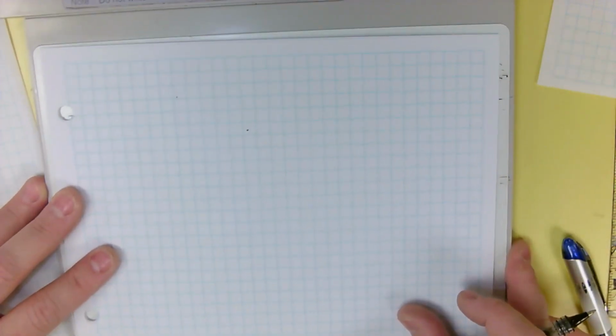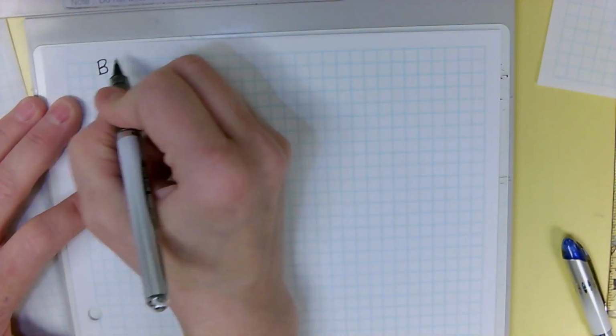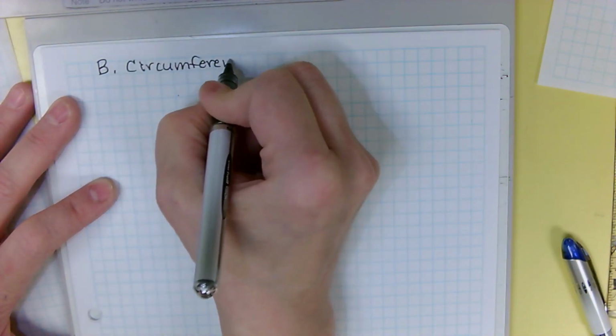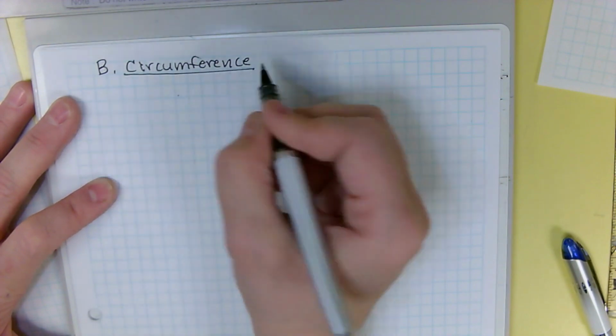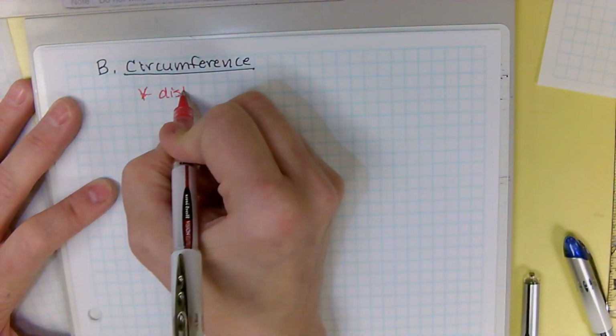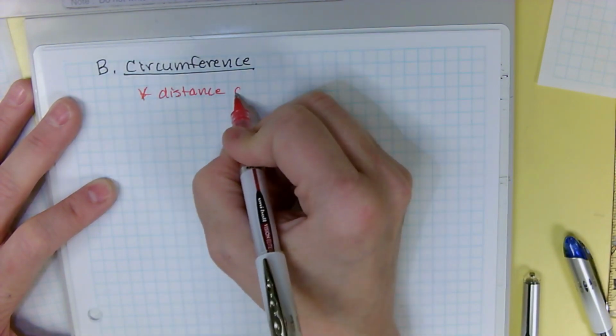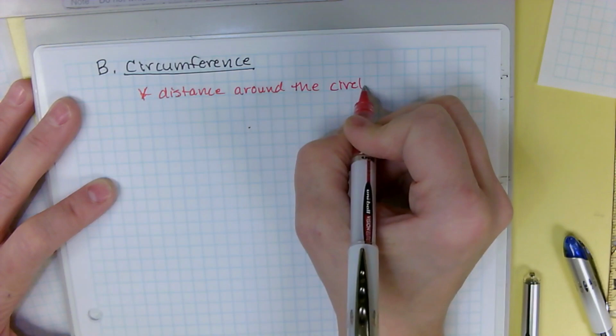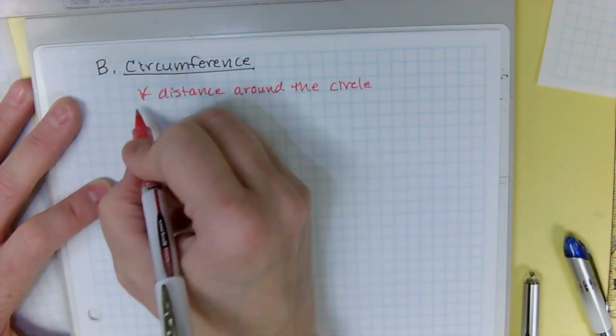Okay, the very last area is circumference of a circle. So B is circumference, which is spelled with an F, not a PH. And your circumference is the distance around the circle. So it's still length, it's just going around the circle.